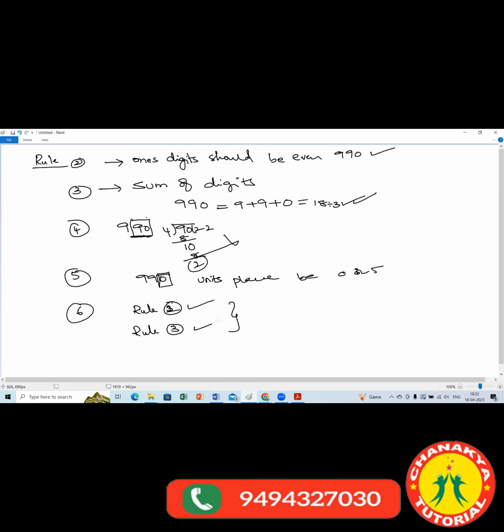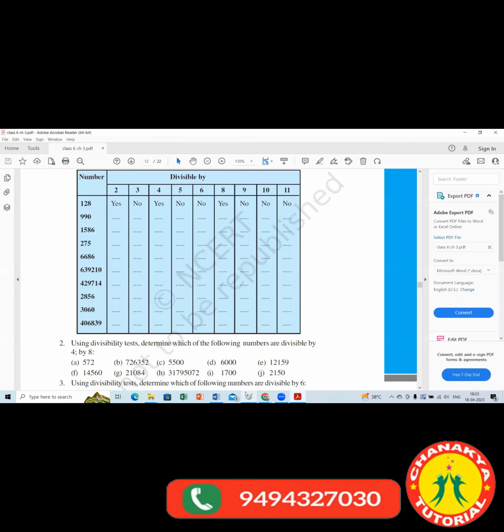So what can we say? Rule 6 should be true. Yes, rule 6 is yes.